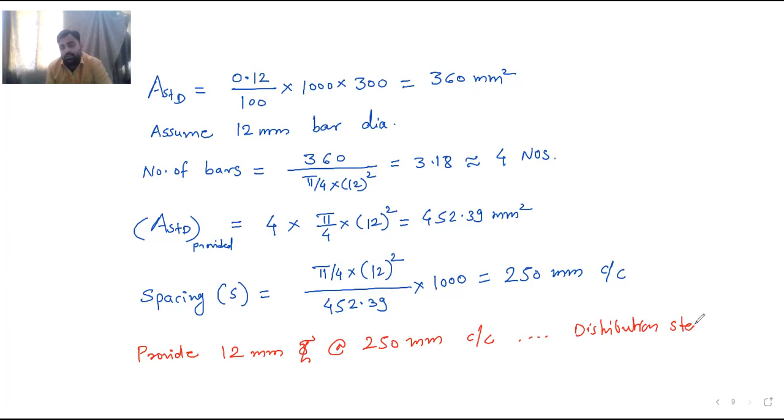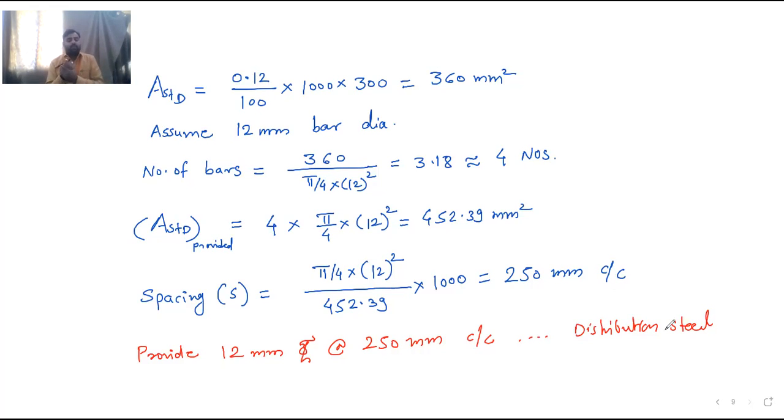So main steel and distribution steel you are going to provide for both 12 mm diameter bars, placed at a distance of 250 mm center to center. So here the design of stem ends.